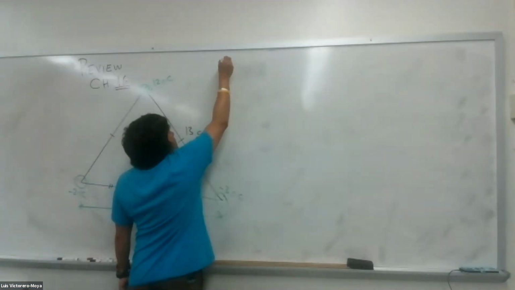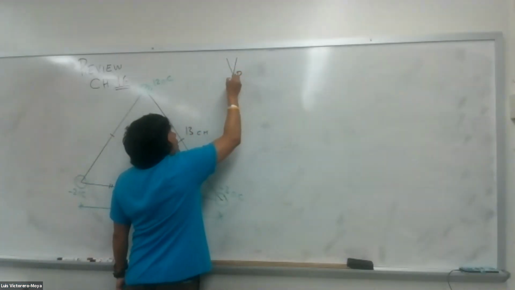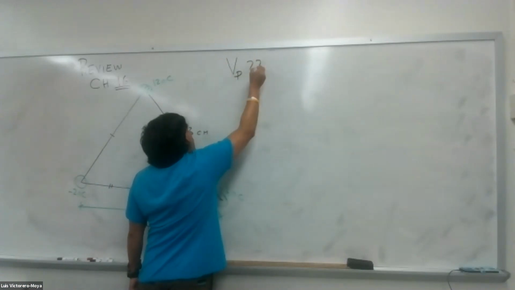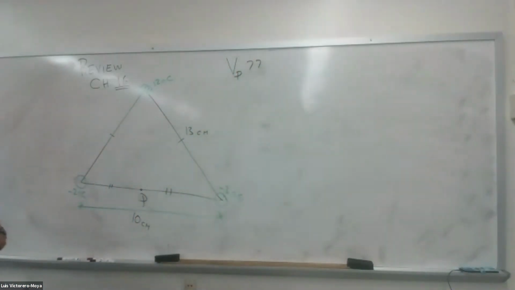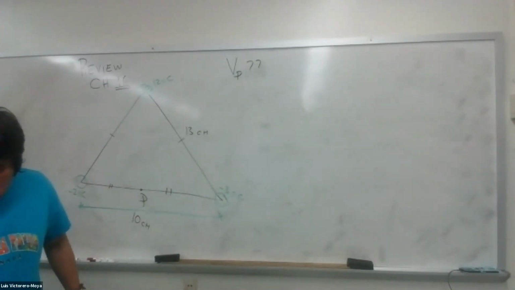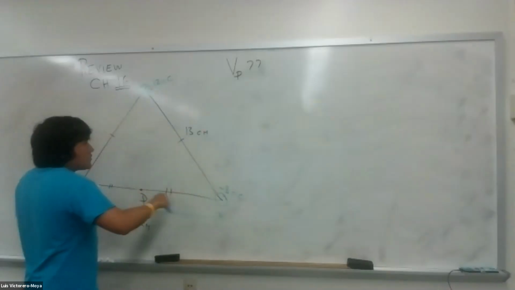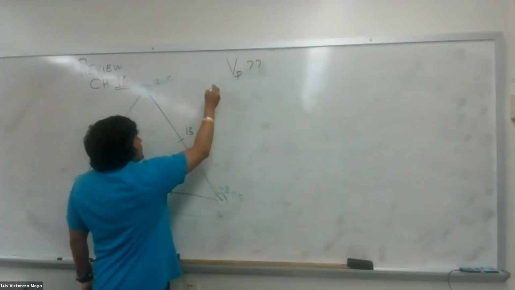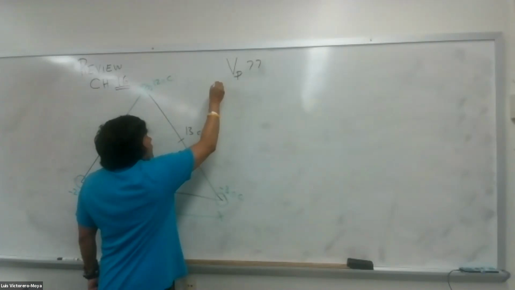So let's find the potential at P. All right? Let's suppose that you get a question like that tomorrow. The first thing you have to do is say, all right, it's an isosceles triangle. What equation do I need for the potential?